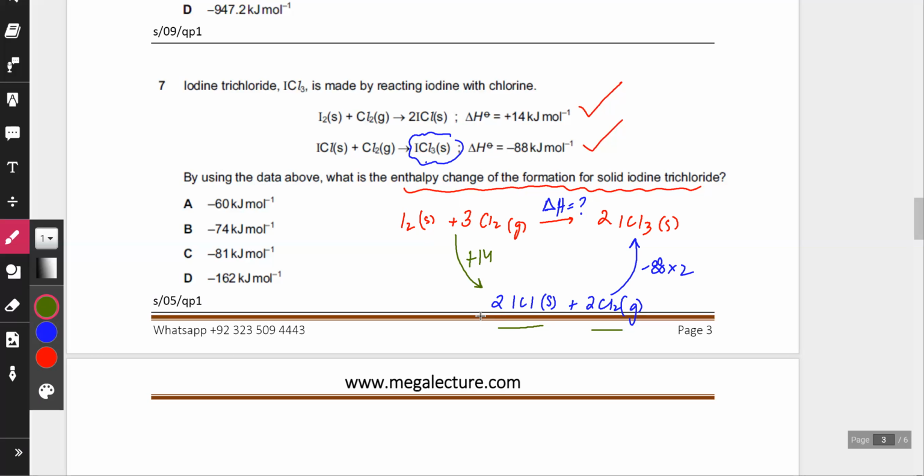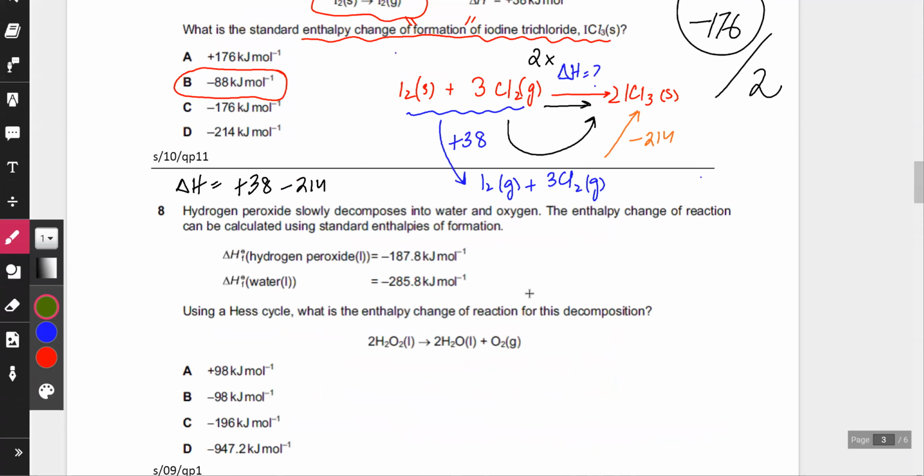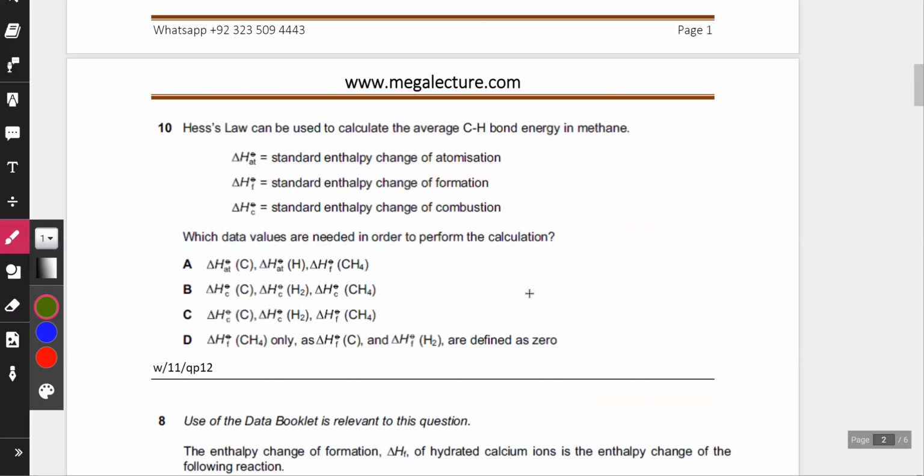So tell me what is the value for enthalpy change? Minus 162. But I doubled everything, so it should be divided by 2. I forgot to divide it by 2. So it's minus 81, yeah. So this one is minus 81.